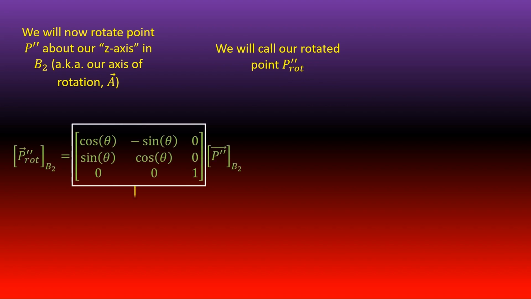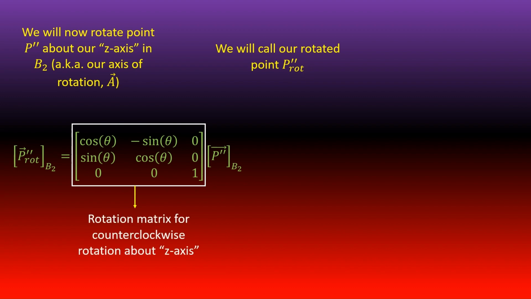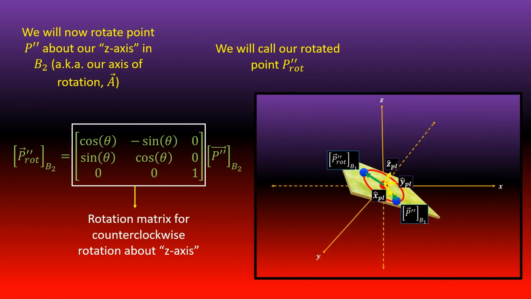And we get this rotated point in terms of B2 by multiplying the P double prime in terms of B2 by the rotation matrix for counterclockwise rotation about the z-axis. And that's all there is to it. And this is our illustration of what we're saying here. Pretty cool.